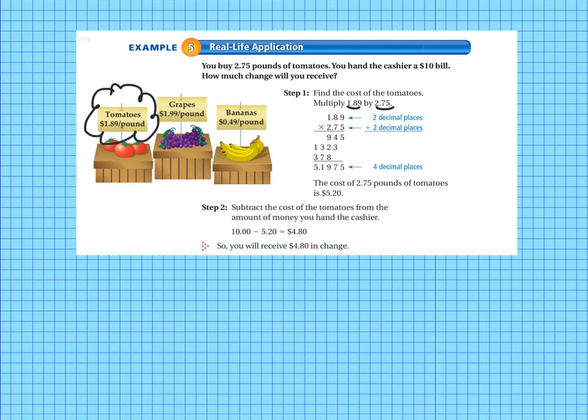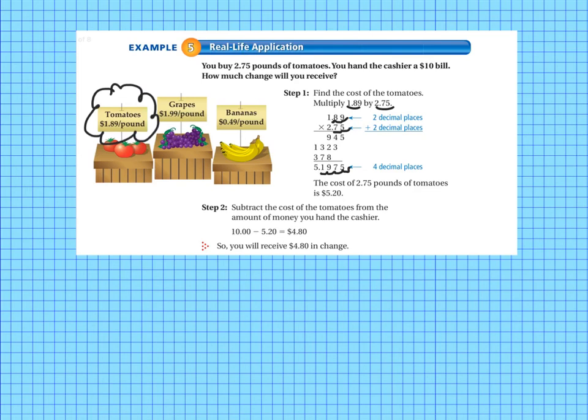So we multiply that, and the top number has 2 decimal places, and the bottom number has 2 decimal places. And so we multiply that as normal, and we add up the number of decimal places, and that's 4. So we count in 1, 2, 3, 4.